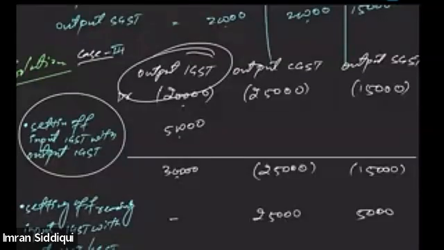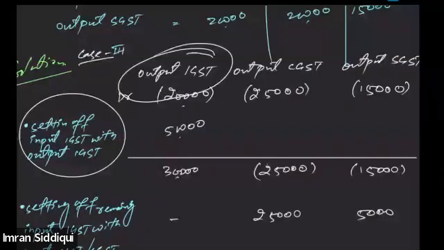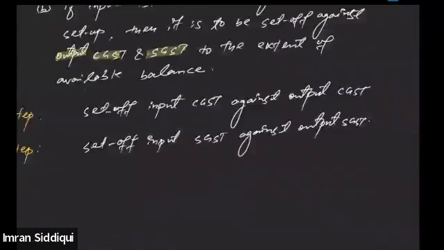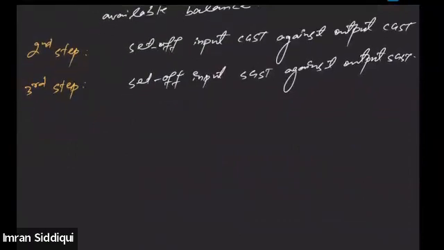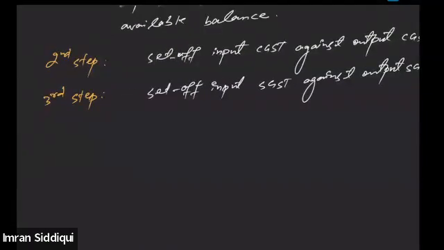But then there is a different scenario. When the output GST is more than the input GST, then the treatment will be a little different. We'll talk about that. But let me first discuss at least one question based on this concept wherein the input IGST is higher than the output IGST. Got it? So for that purpose, we'll quickly discuss a question.